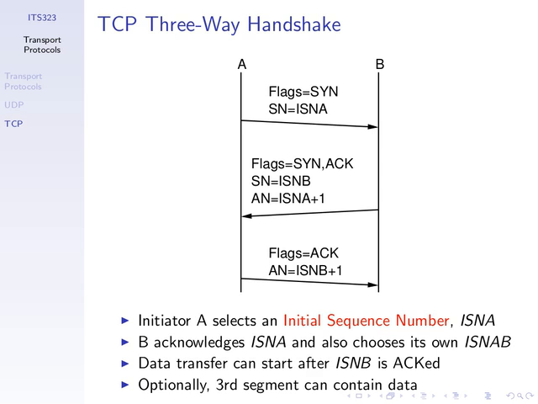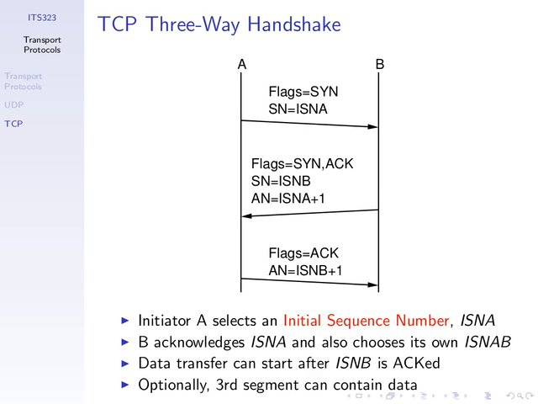Because the SYN flag is true, this is a special type of message, and it tells us the initial sequence number chosen by A was 361. So we acknowledge that, saying thank you, and the way that we do acknowledgements is to say, what's the next number we expect? I received 361, the next number, 362. So ACK number equals 362. The ACK flag is true to indicate this is an ACK. Also, it's a SYN segment. It includes the initial sequence number of B.